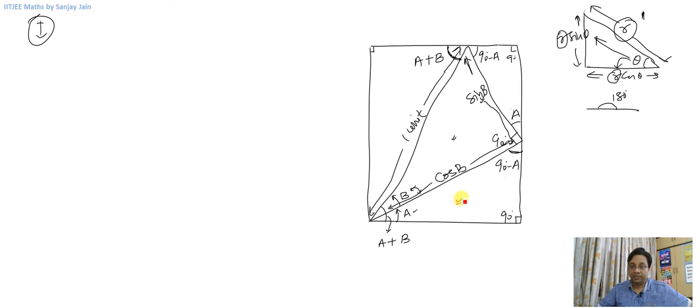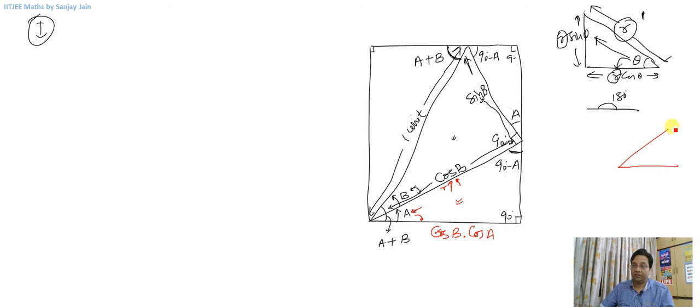Now look at this triangle here. The hypotenuse for this triangle, that is this side, is cos B and this angle is angle A. So the side adjacent to angle A, let us say this hypotenuse was R, then this side would have been R cos A. Now this hypotenuse is cos B, so this side will be cos B cos A, right?